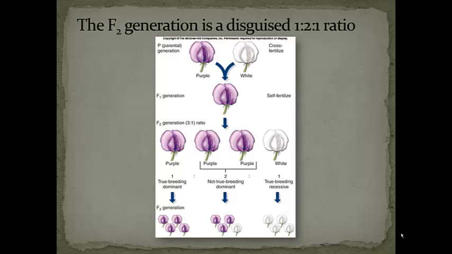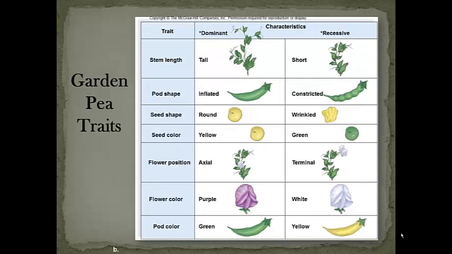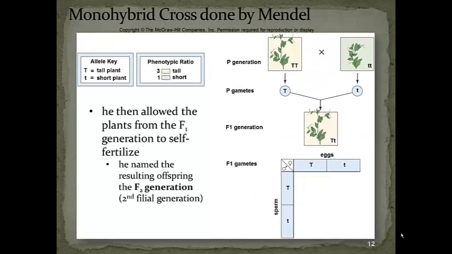Okay, so Mendel figures out that 3-to-1 ratio is actually a disguised 1-to-2-to-1 ratio. Let me back up so we can discuss that. Our offspring, our F1 generation, are all carrying one tall gene and one short gene, or to kind of apply it to other traits, one dominant and one recessive together.